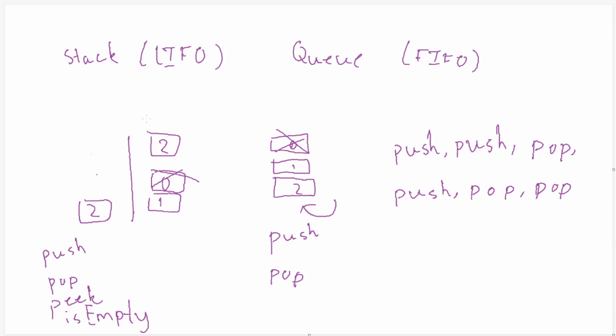Does that hold up though? Because, no, it doesn't seem to. Because on the stack, the last one in, the stack goes on top, and then we pop off the top of the stack.